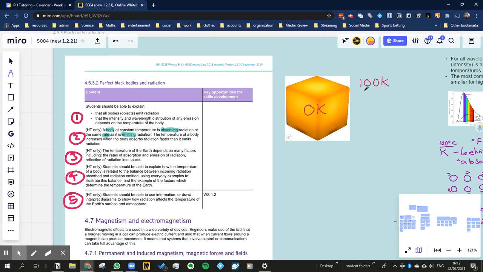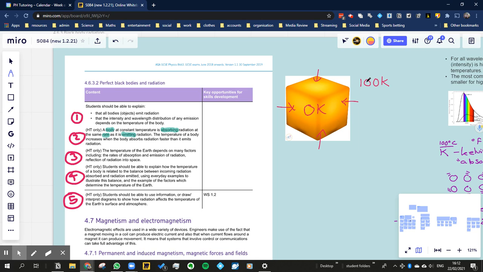And what we want to know is, what's going to happen here? Well, if there's any heat energy around the outside, and there is, because it has a temperature above absolute zero, then that heat energy is going to go into this cube. These arrows can represent the direction of the heat transfer.